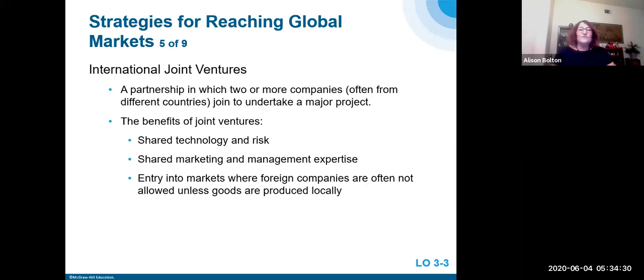International joint ventures bring two or more companies together. Usually we're talking about different countries. One of the most well-known ones is Toyota, and I'm trying to remember the other automobile organization that came together with Toyota. Mercedes and Volvo ventured together, a joint venture.